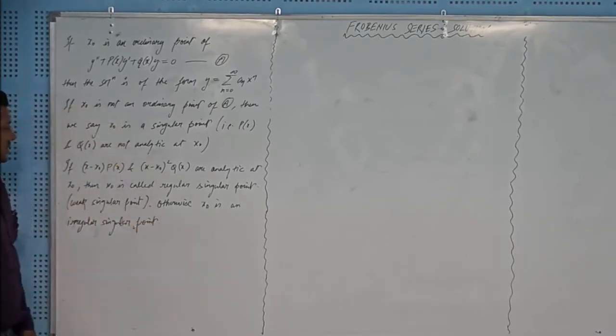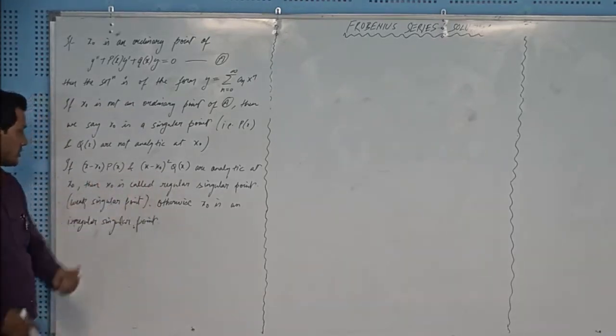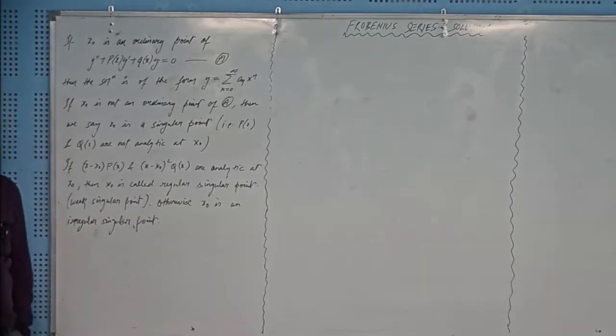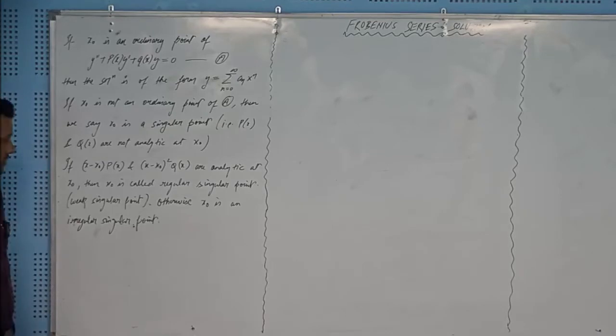It means that either of these two conditions fail, and then we'll say that x naught is an irregular singular point, right? I will give a small example for this.